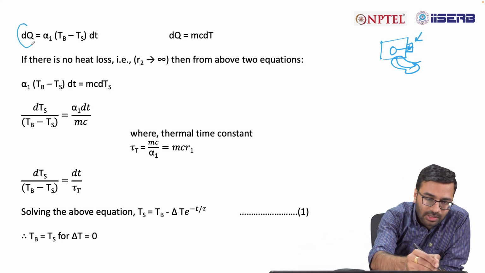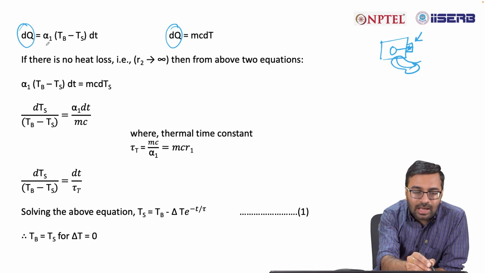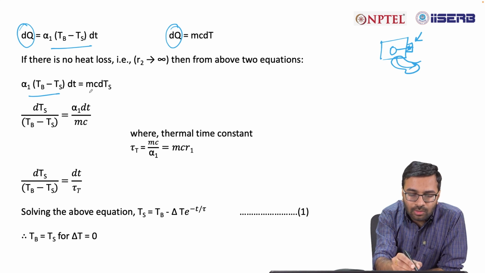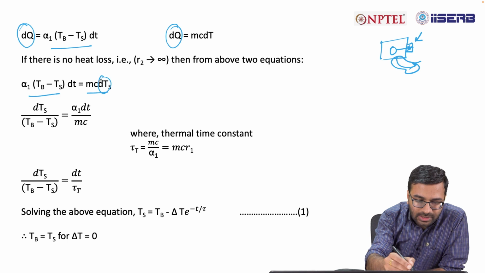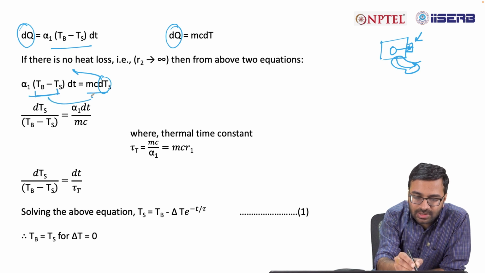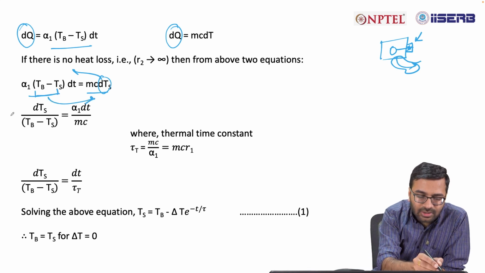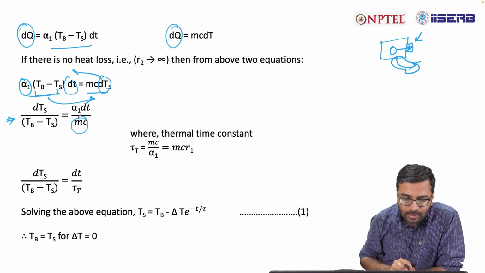So in this case, this dq and that dq will be equal. So you can write alpha 1 into Tb minus Ts into dt is equal to m into c into dTs. Rearranging this equation, you will find dTs divided by Tb minus Ts is equal to alpha 1 dt divided by m into c, right?